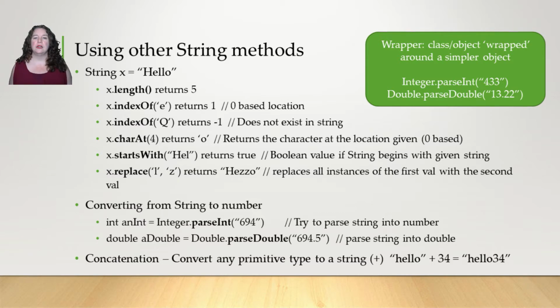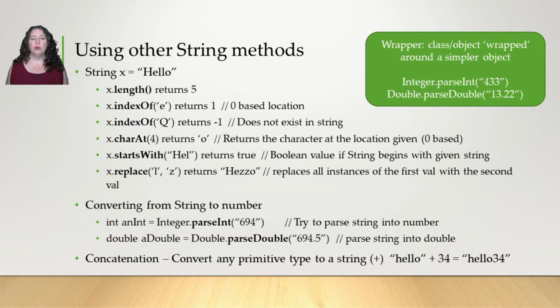If you use indexOf on a letter that doesn't exist, it will return -1. This is useful when you want to do something that says, does this letter exist? And you want to handle it when it doesn't. So returning -1 is a comparison that you can do later to find out if the letter exists.